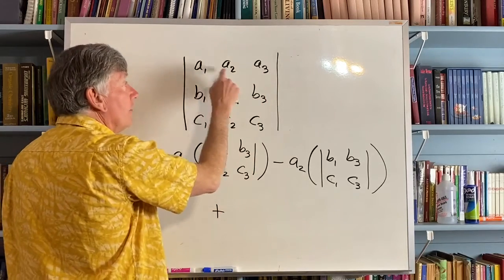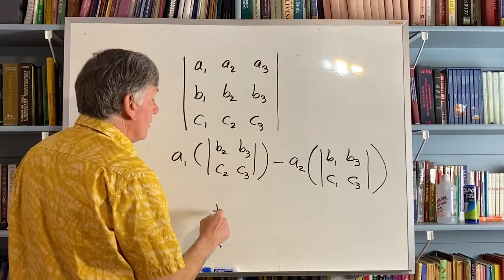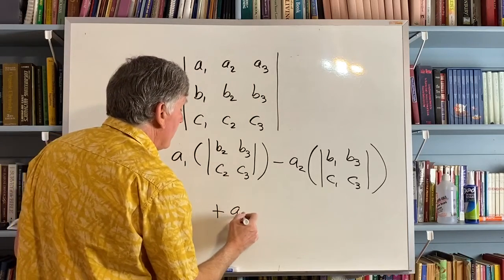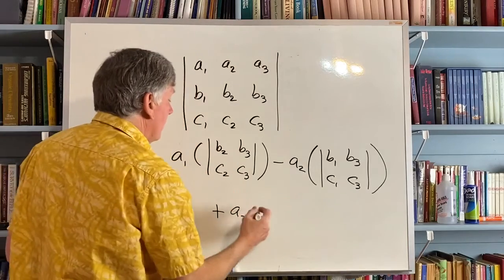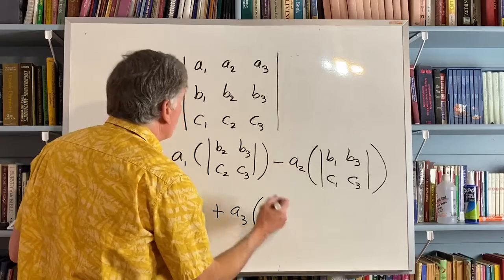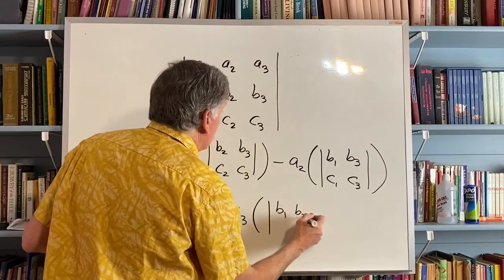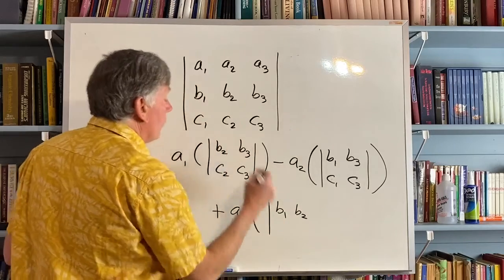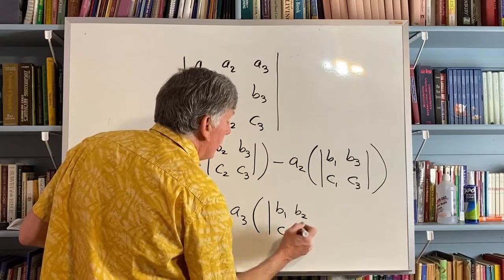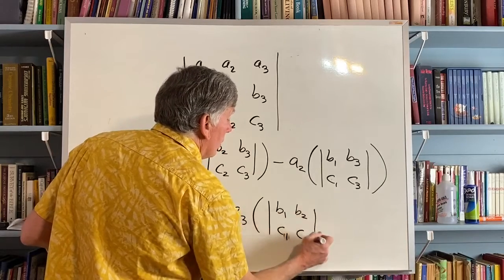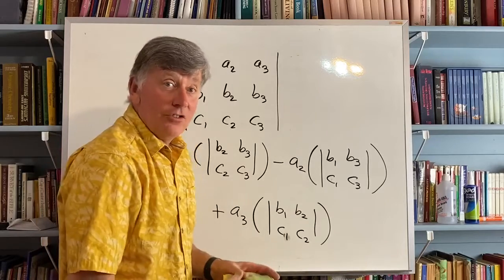So we alternate our signs: plus, minus, plus. Now I'm adding A3, and I block out the row and column that A3 is in, and that's going to be times the determinant of B1, B2, C1, C2, close the parentheses, and then I do that calculation.